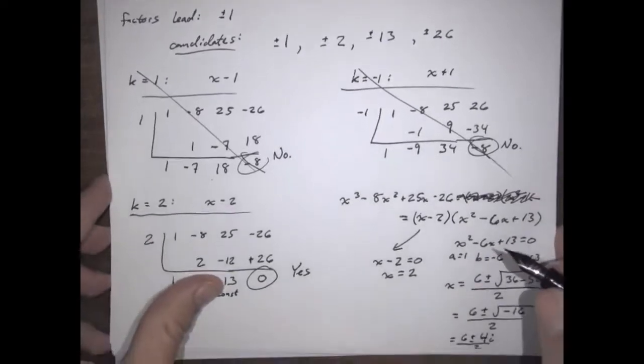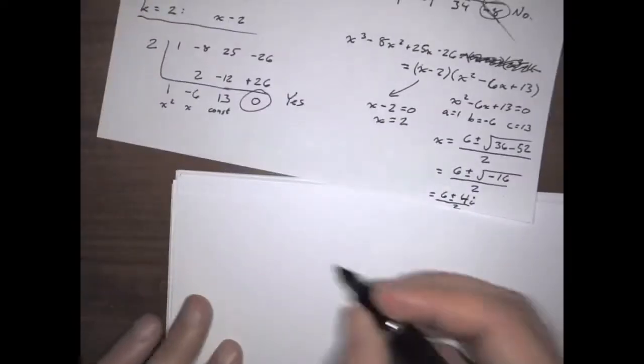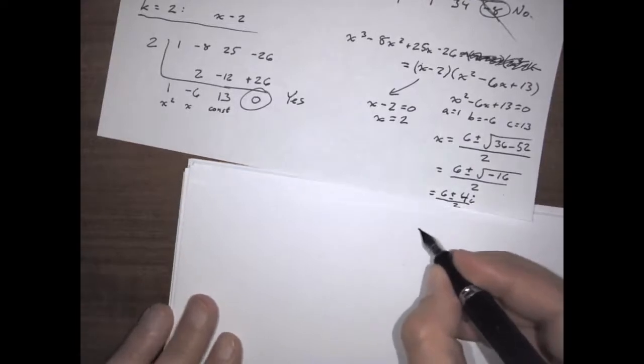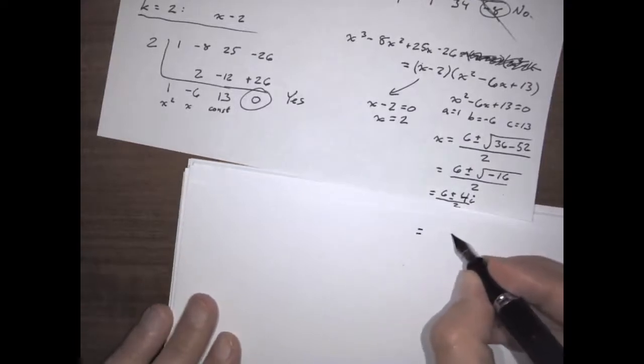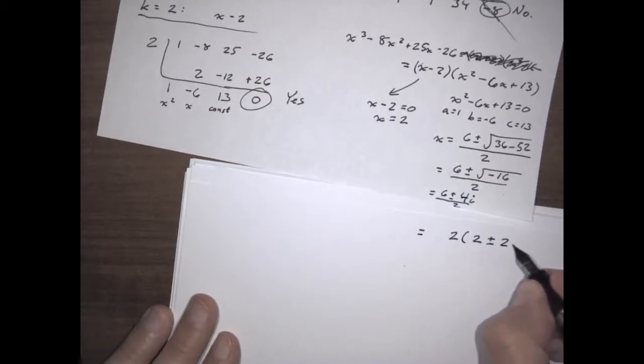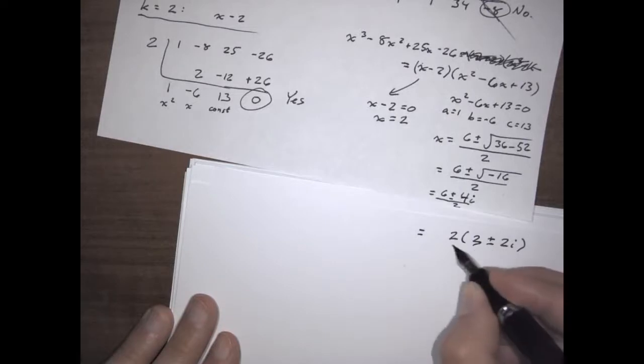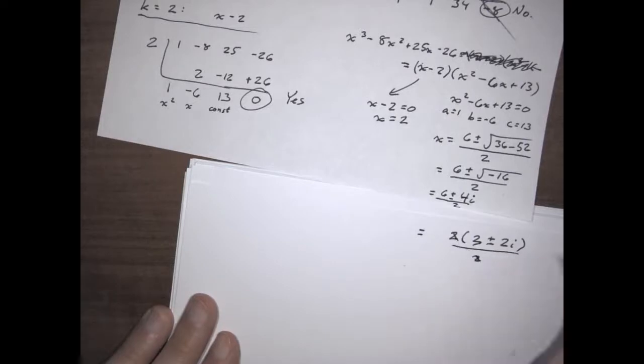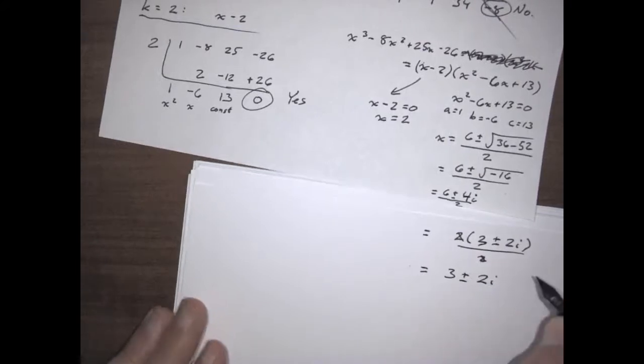Just barely reaching the end of our rope here. We can factor out a 2, so that's 2 times 3 plus or minus 2i, all divided by 2, those cancel, so I get 3 plus minus 2i.